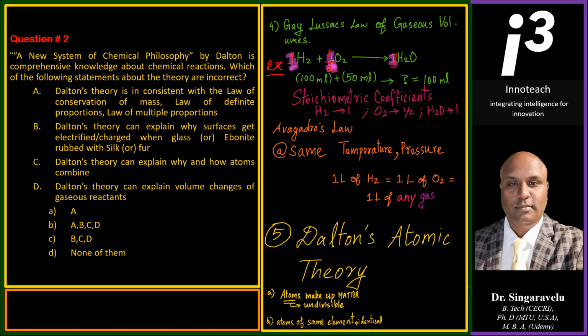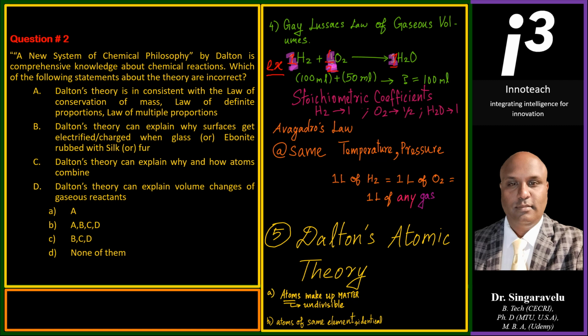So 1 H2, half O2 becomes 1 H2O, which is 1 mole of water, equivalent to the same 1 mole of hydrogen. Why? That is Avogadro's law. You have to recollect that to understand it better.